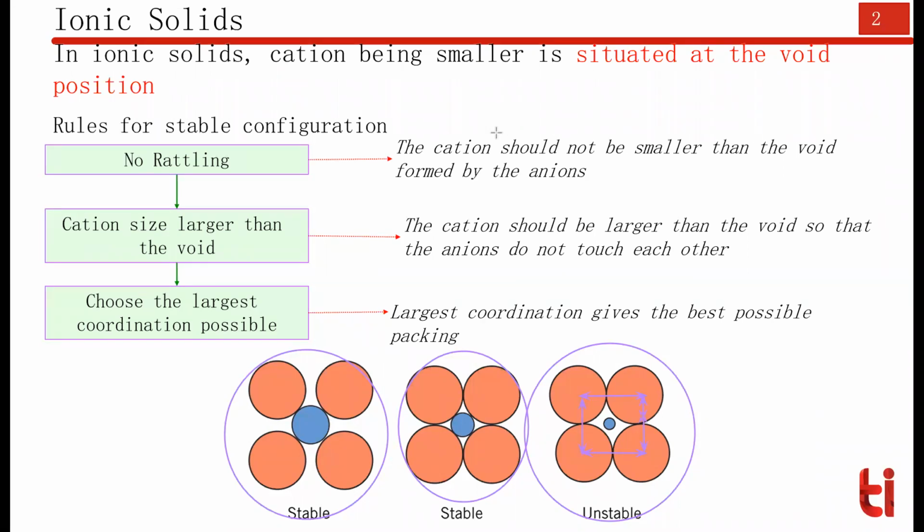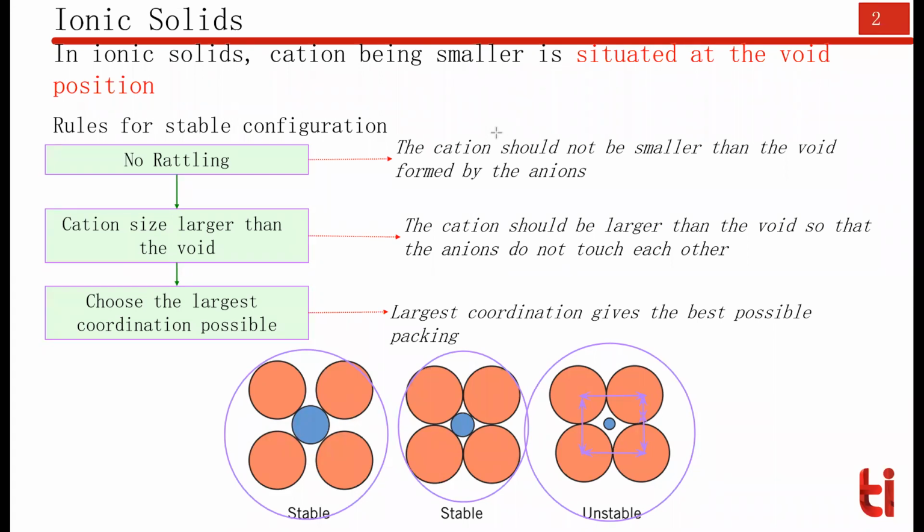Now, the size of the atom depends on its charge. You know, the atom becomes a positive ion when it loses an electron. And when an electron is lost by an atom, its orbit shrinks, right?